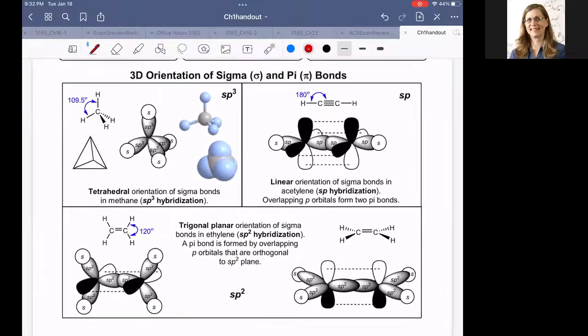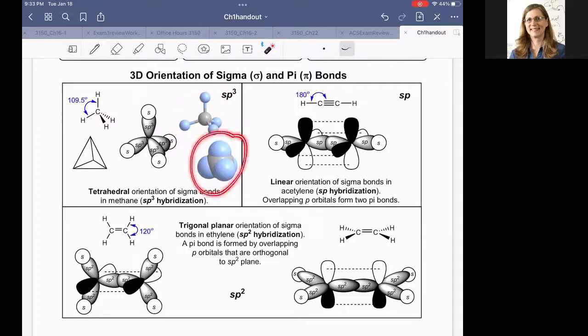But on that second to last page, I have some pictures of the models that I brought into the lecture, of what it means to be tetrahedral, and we have one bond that's coming out that we'd represent as a wedge, and one bond that's going back, which we represent as a dash. So that's what a tetrahedral molecule looks like.